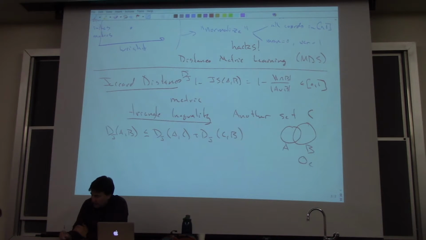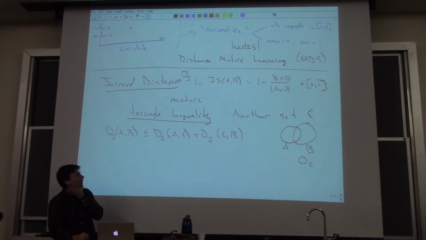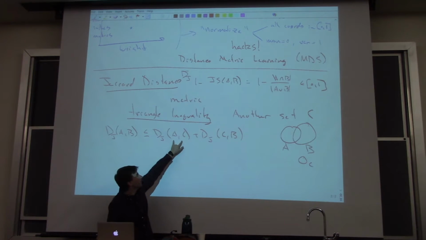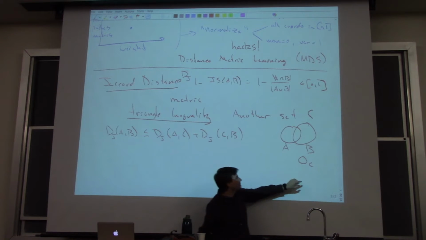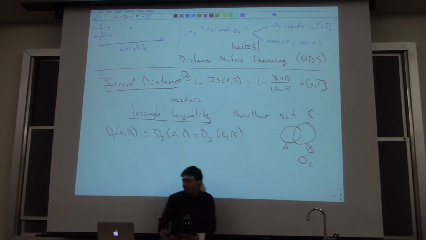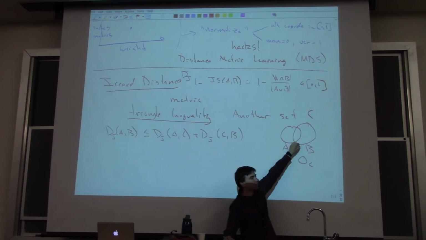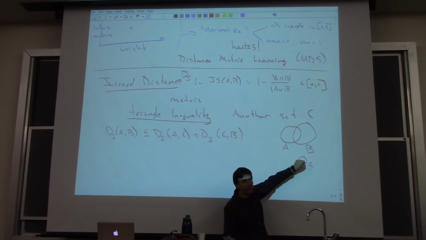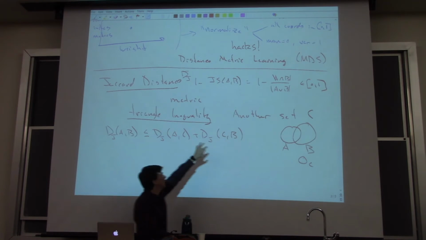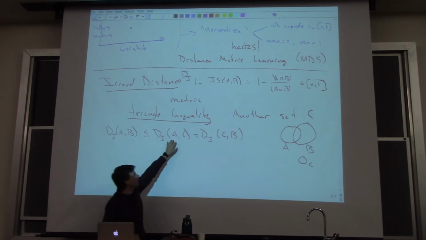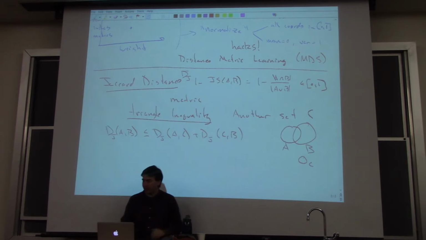If C lies out here or has some parts that don't intersect, you can always make the distance to these things smaller by moving it closer to the intersection, right? So if part of it intersected here, you can always make it smaller by getting rid of the non-intersection stuff. Hopefully that's easy to see. So this side only gets smaller if you make it more in the intersection.